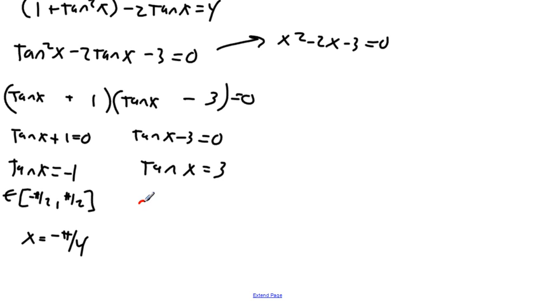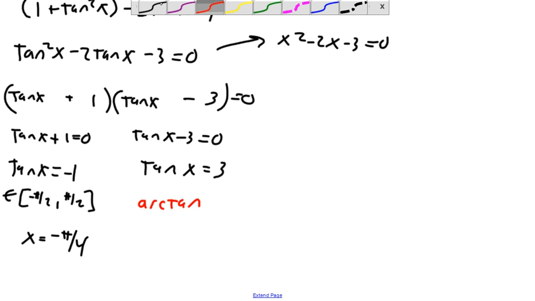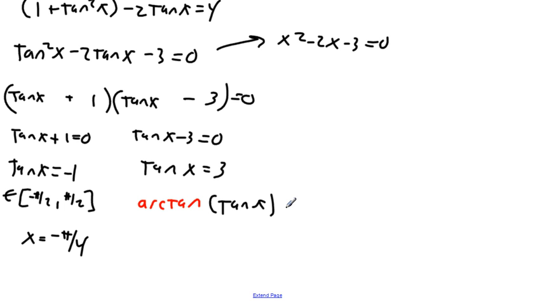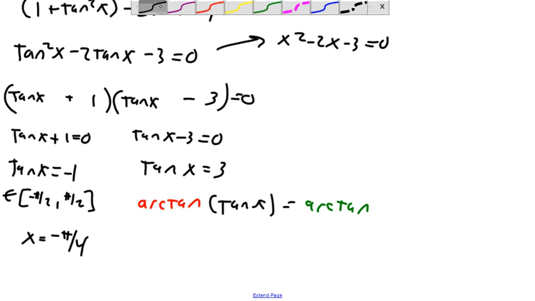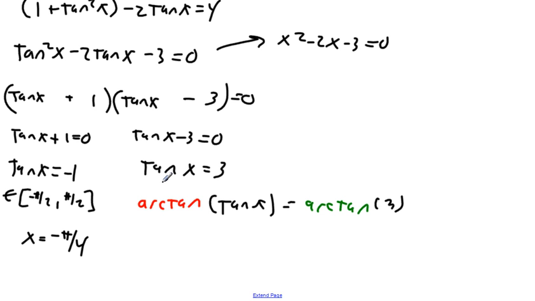I'm going to do the arctangent of tangent of x. But whatever you do to one side, I have to do the same thing to the other side. So that means I'm going to take the arctangent of 3. So let's remember, if you take the arctan of tan, those are inverse operations, so those just cancel out. So I get x equals, and it's just this.